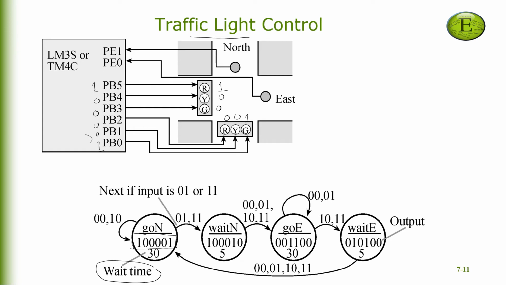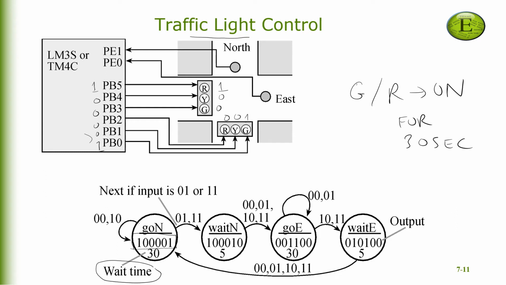In our case, this specification requires that the green or the red light will stay on for 30 units of time, maybe 30. We can just simplify that. Let's say 30 seconds.